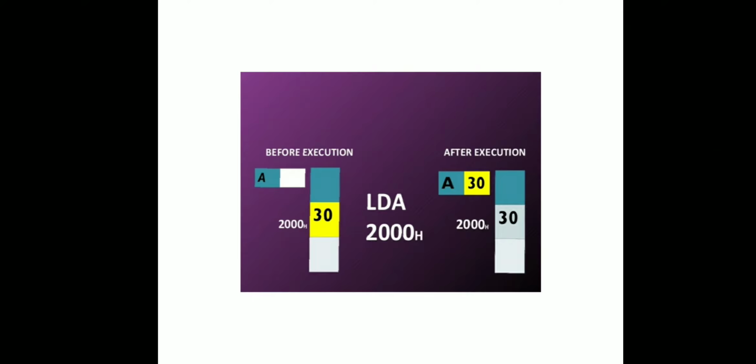For example, LDA 2000H. Before execution, the data is present at the memory location, and after execution of this instruction, the data is present in the memory location as well as the accumulator.